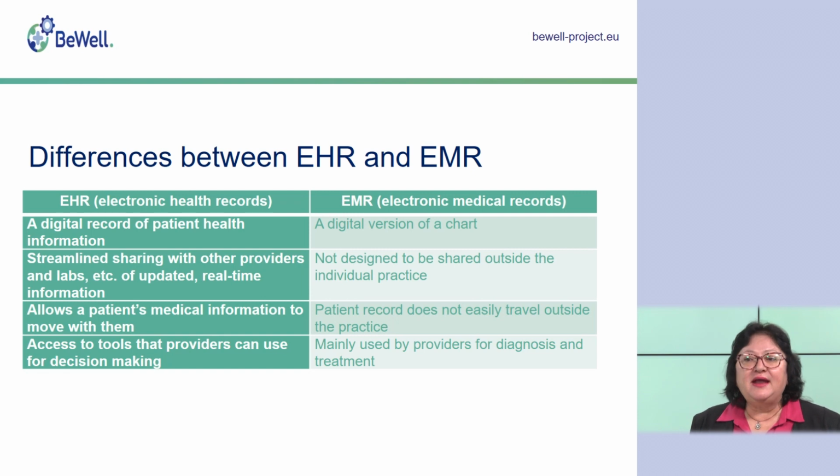While the electronic medical record, the patient record does not easily travel outside the practice or the hospital. In the electronic health records, we have access to tools that providers can use for decision making.